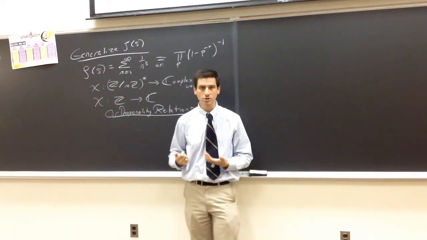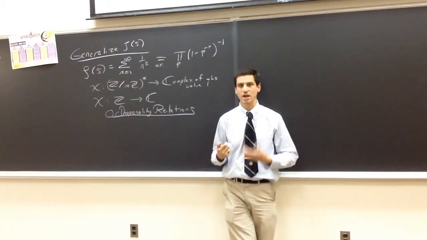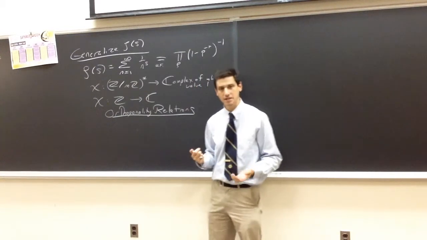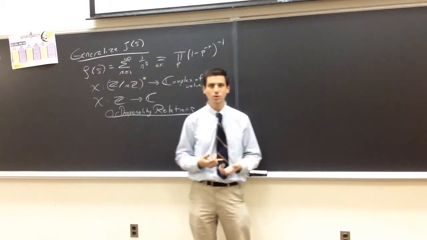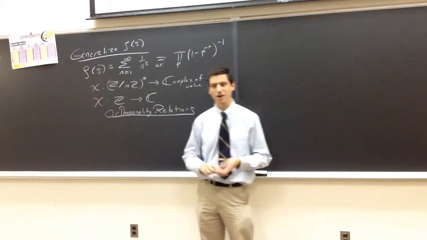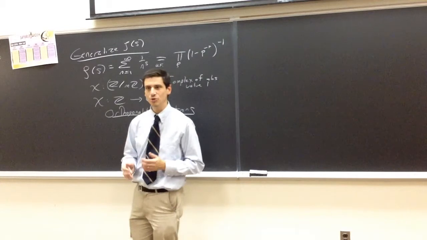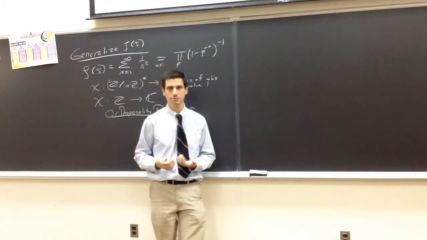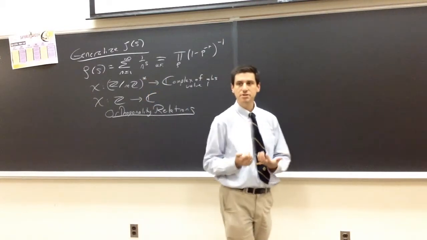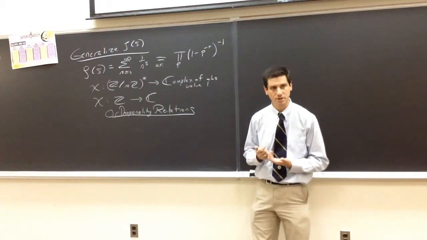Or instead of doing sines and cosines, it's a little bit more natural sometimes to use exponentials, e to the i n theta, e to the 2 pi i n theta, depending on whether you're a physicist, a mathematician, or an economist, you might use slightly different normalizations. It doesn't really make much of a difference. The main thing is something in terms of sines and cosines, or something in terms of exponentials.